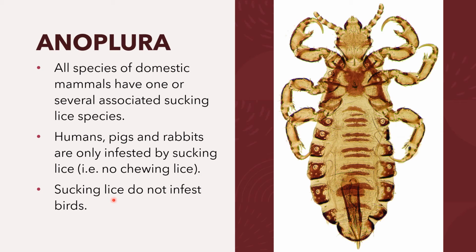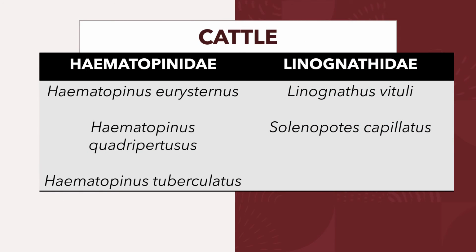The sucking lice do not infest birds. Most species of the sucking lice are host specific, and some are even body region specific. The slides to follow will enumerate the sucking lice of medical and veterinary importance.